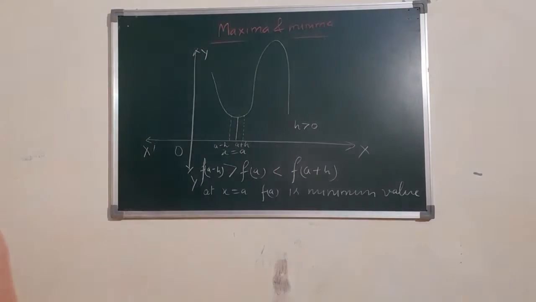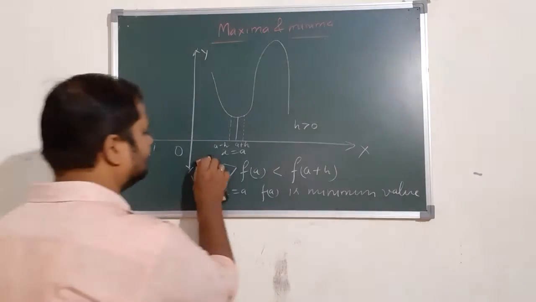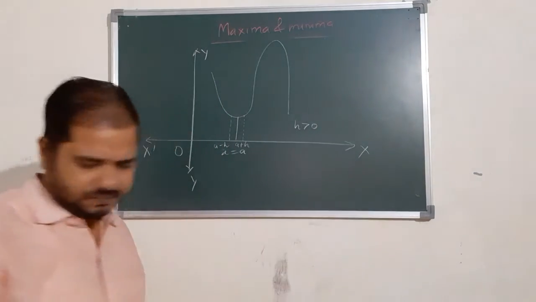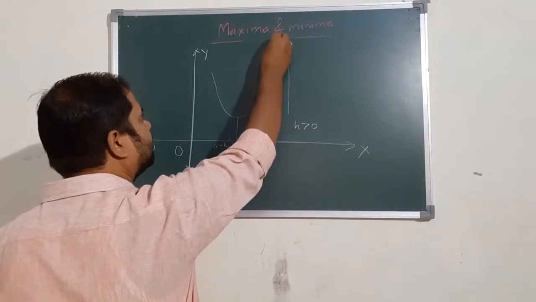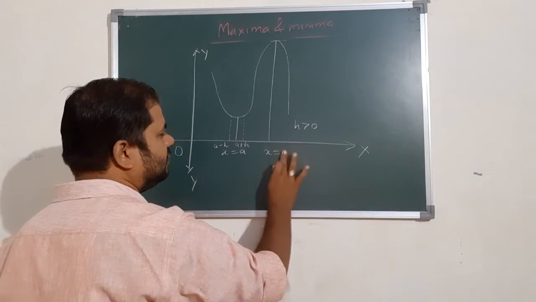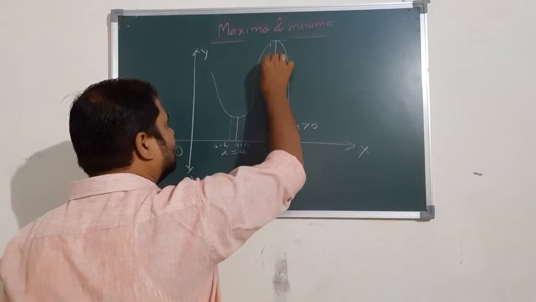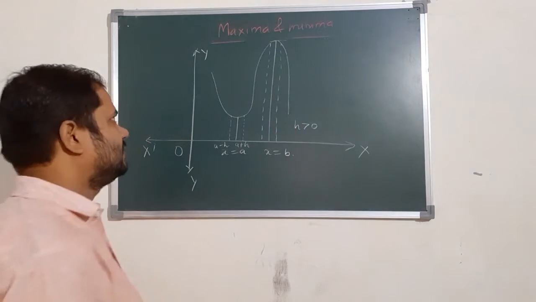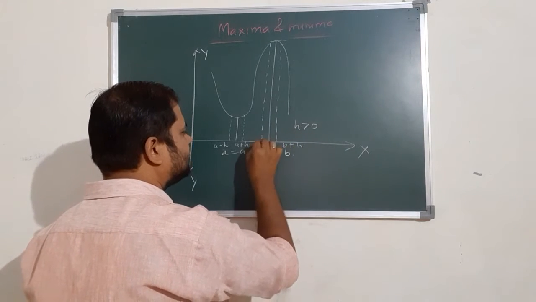Similarly, for maxima, suppose this is the point of maxima, x equals b, you suppose, because a you already took. You see in a small neighborhood this f(b) is greater than each value. This is b plus h, this is b minus h.